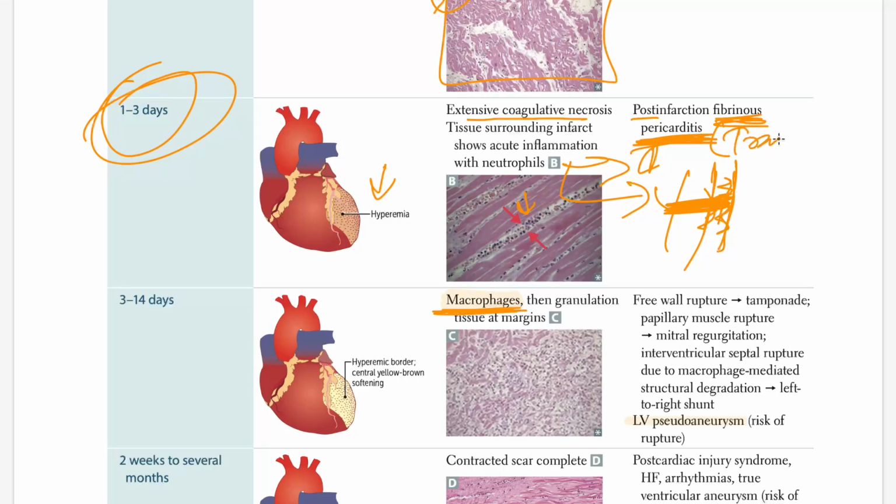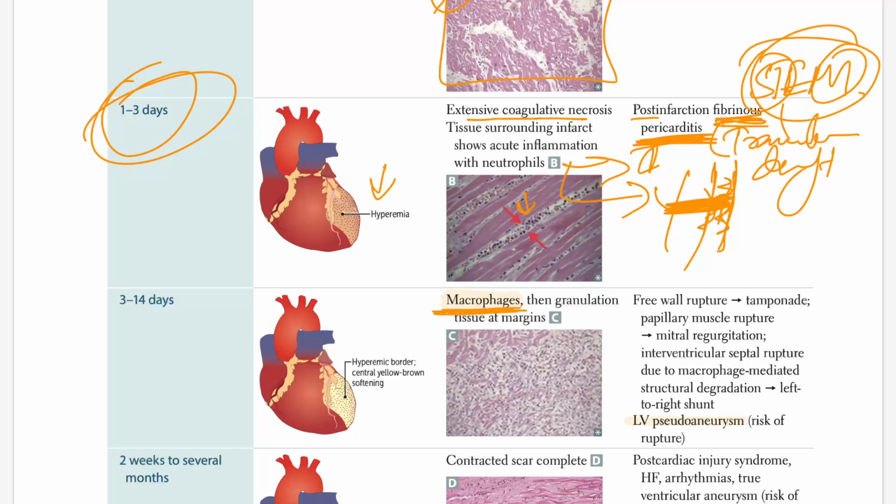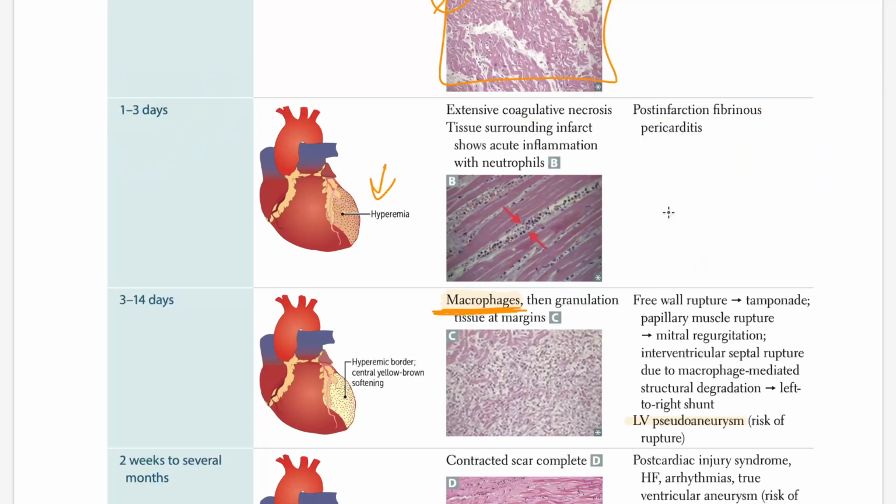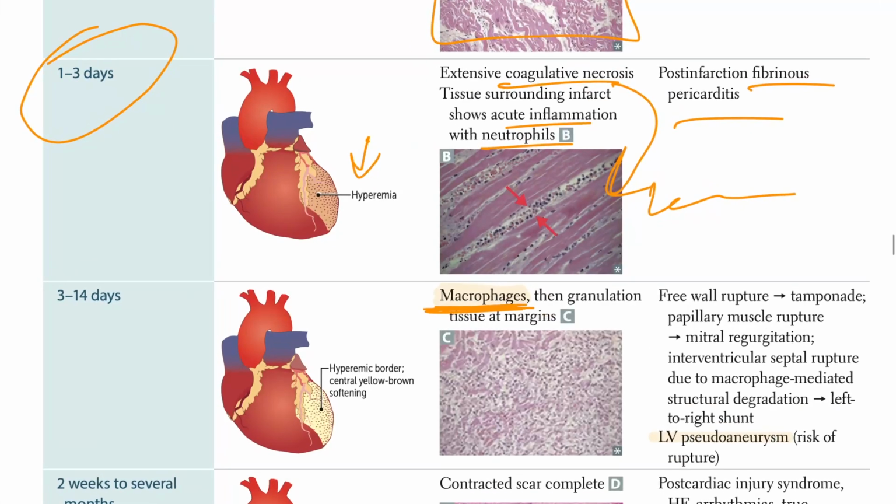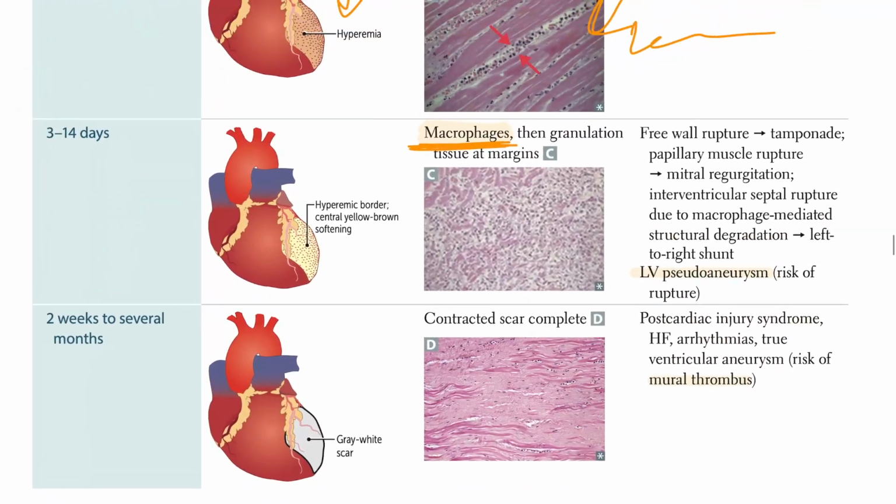What is transmural? Again, STEMI, ST elevation MI. So with the STEMI, you're looking at fibrinous pericarditis. Important thing, in 1 to 3 days: coag necrosis, loss of nuclei with neutrophils being there, starting acute inflammation, complication, fibrinous pericarditis. All right, 3 to 14 days.